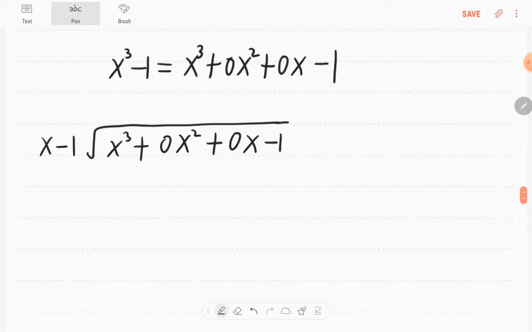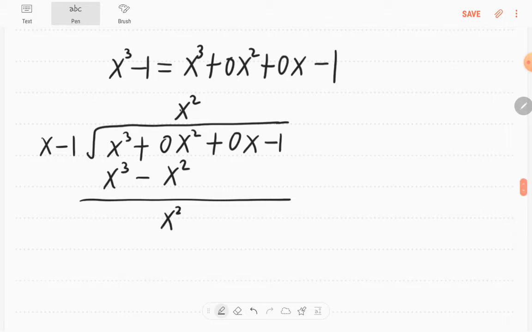Okay, so now this has 2 terms, so you start from the second one. It would be x squared, right? To make x cubed, so it's x squared. So x cubed minus x squared. Then we take the subtraction. So 0 minus negative 1 is plus 1, right? So x squared plus 0 times x.